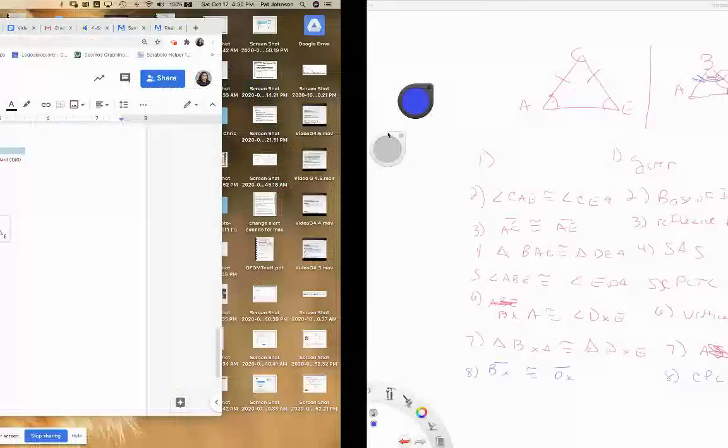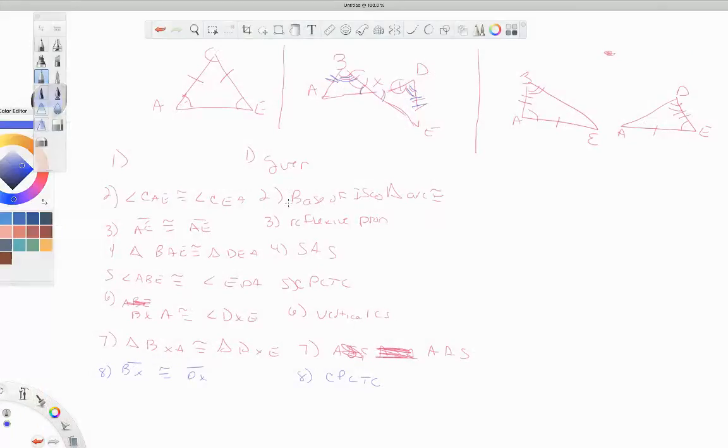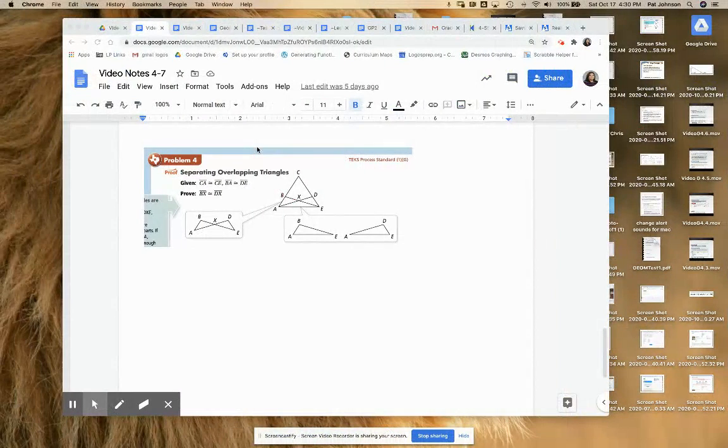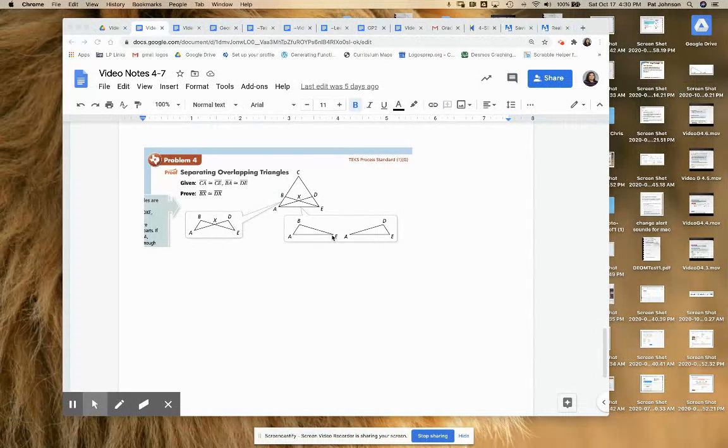So it gets a little hairy when you take things out and you have overlapping triangles. So I have to remember, so here, when I took it out this way, this A is not the same as this A of the big triangle. Remember, the big A is congruent to the big E because the base angles of an isosceles triangle are congruent.